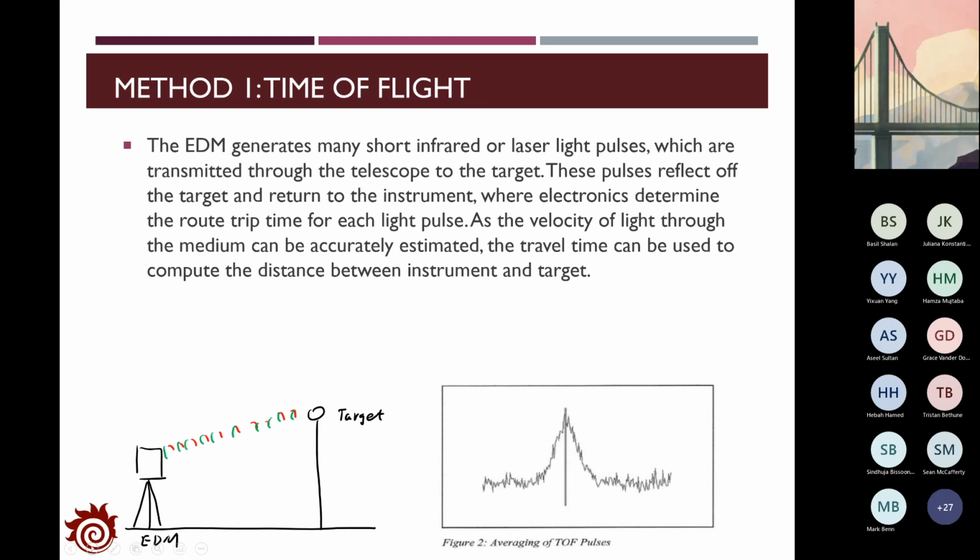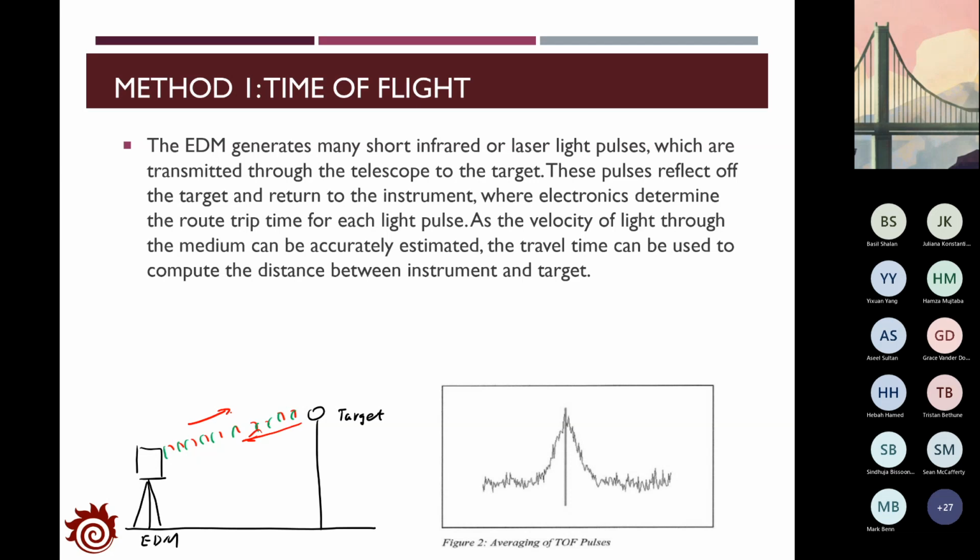The time of flight method is very simple. Basically, the electrical measurement system will generate short infrared or laser light pulses, and it will send them from the total station to the target, and then reflect back.